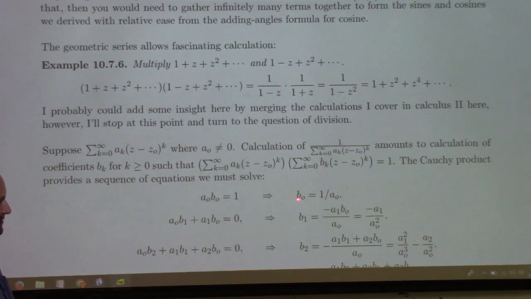First of all, b_0 has to be 1 over a_0. And you can solve this for b_1, you can solve this for b_2, and you can just go up the chain. So if a_0 is non-zero, you can reciprocate the series. The series has a reciprocal only if the leading coefficient is non-zero, is what we're seeing from these equations.